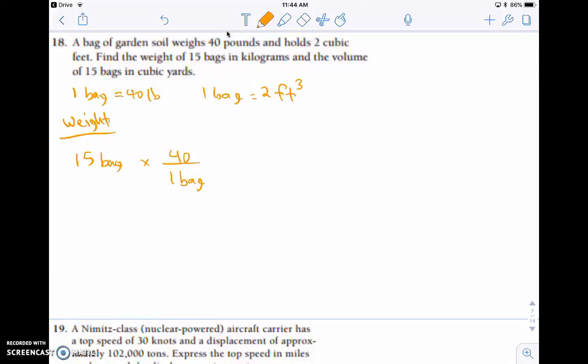One bag is 40 pounds. So that's going to cancel my bags, but then I now need to look at the conversion from pounds to kilograms, because again, the unit that I want in the end is kilograms.